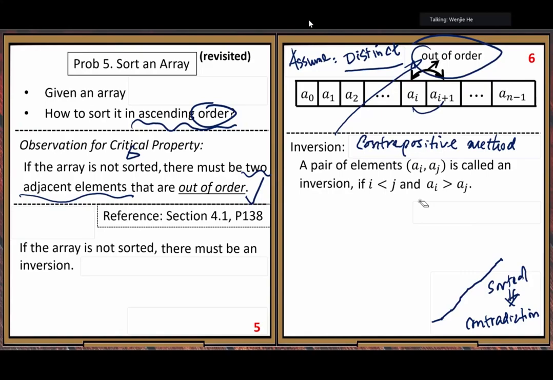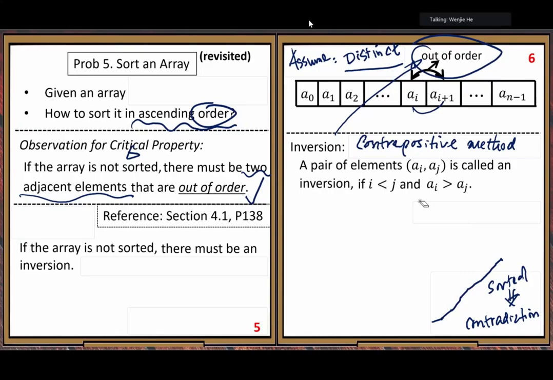The second statement: if the array is not sorted, there must be an inversion. I do not say an adjacent inversion, so it's an arbitrary inversion, or we can also call it a global inversion.